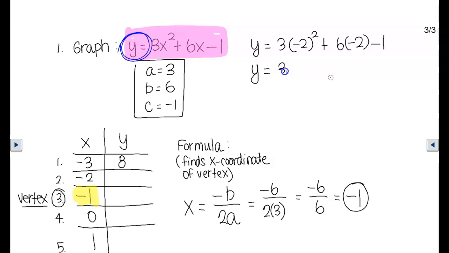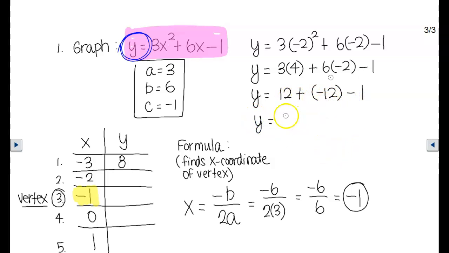Negative 2 squared is 4. So that gives us 3 times 4 plus 6 times negative 2 minus 1. We will multiply next. 3 times 4 we know is 12, plus 6 times negative 2 is a negative 12, minus 1. Add and subtract. 12 plus negative 12 is 0. And then 0 minus 1 is negative 1. So for negative 2, we get negative 1 as our y value.